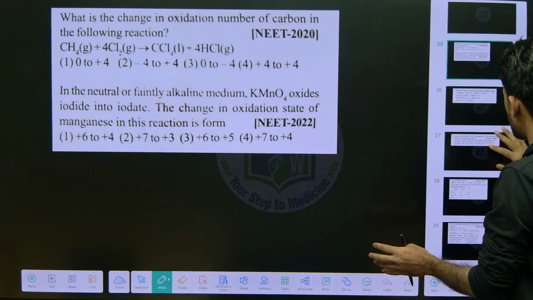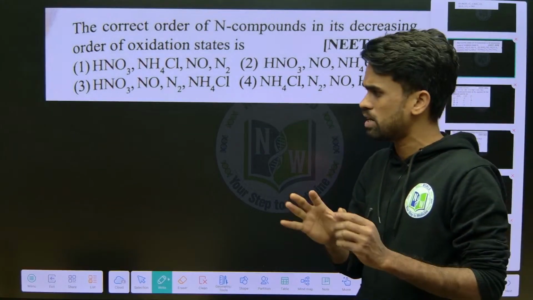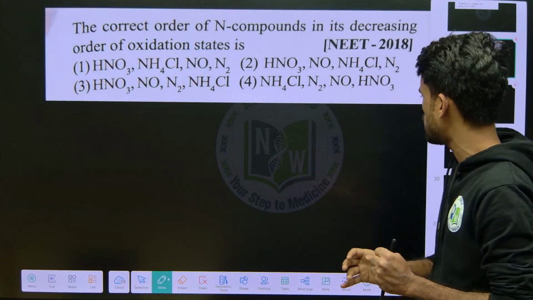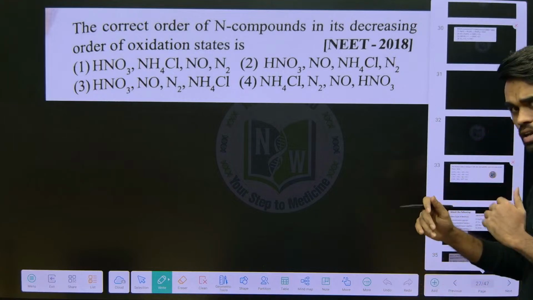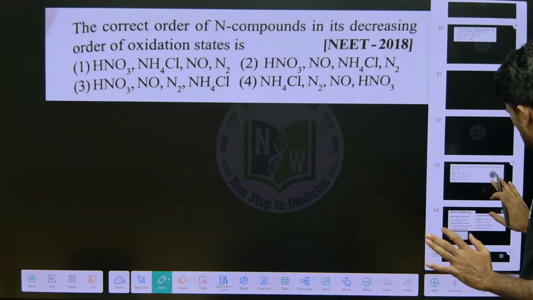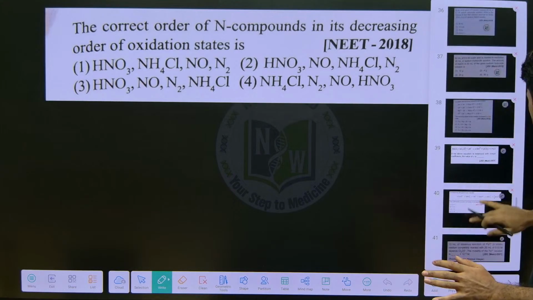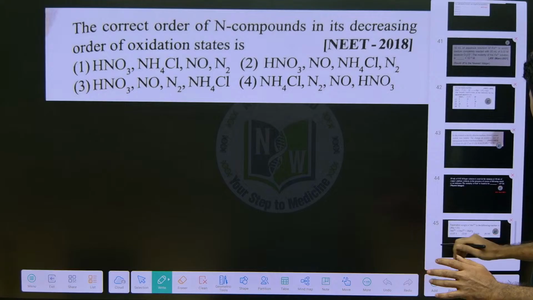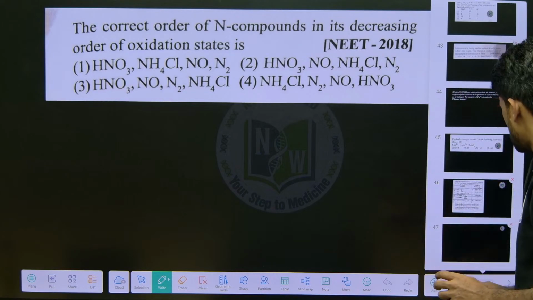I just wanted to tell you that these basic questions are asked in any exam, whether you are a NEET, BPC or MPC student, a biology student, or preparing for medical or engineering. In both exams it is very important. And next it will be asked in EAPCET also. We will be discussing EAPCET questions also.